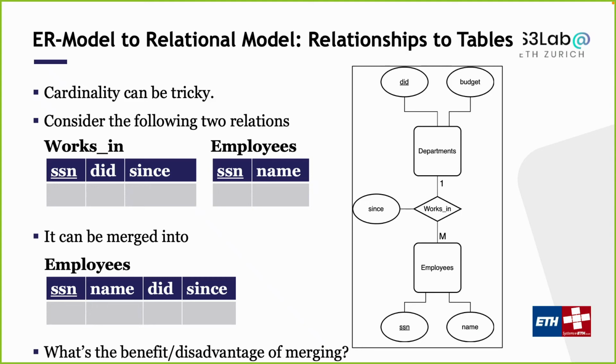So that could cause multiple problems. The first one, probably the less important one, is that the merged table may be bigger than the first design, because it has all those holes in the table that I need to store. But for the first design, if an employee does not have a department, I do not need to care about it at all. I do not need to store any information there, right?